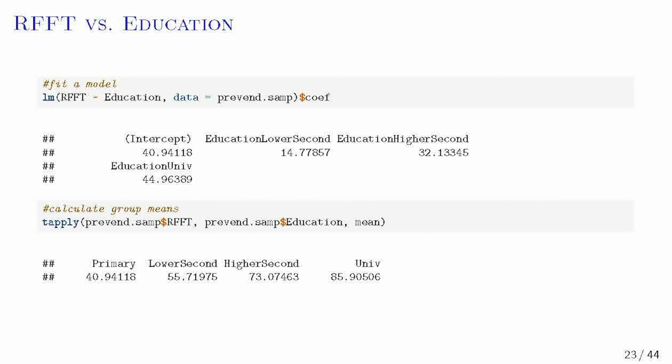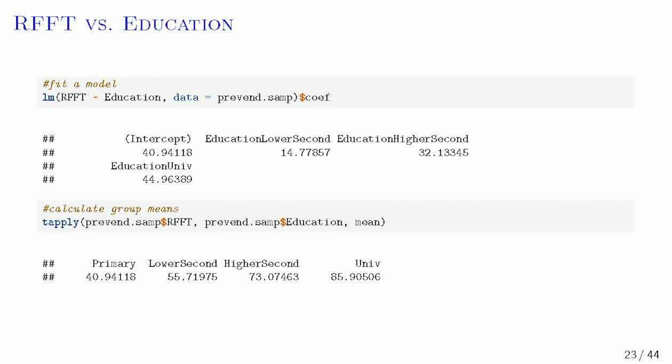The first dummy variable, so that'll be the next level up of education, is education lower second. If this person has that education level, that's a 1, and that means that the RFFT score will be 14.77857 points higher than the primary education.